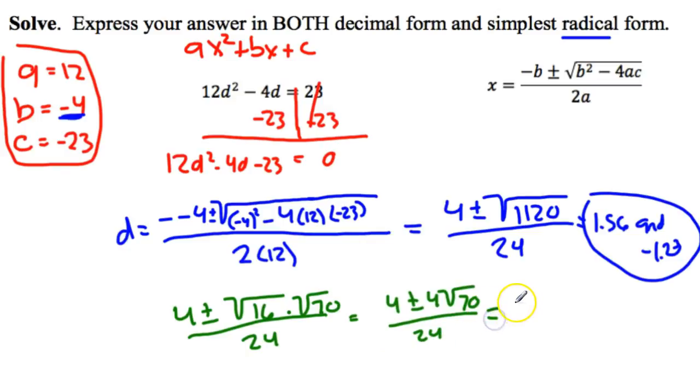If I break it into two fractions, 4 divided by 24 plus or minus 4 square root 70 divided by 24. These simplify. A 4 can go in the 24. It goes in 6 times, right? So this becomes a 1, that becomes a 6, that becomes a 1, that becomes a 6.